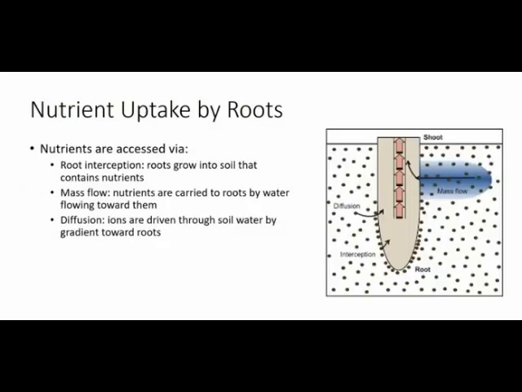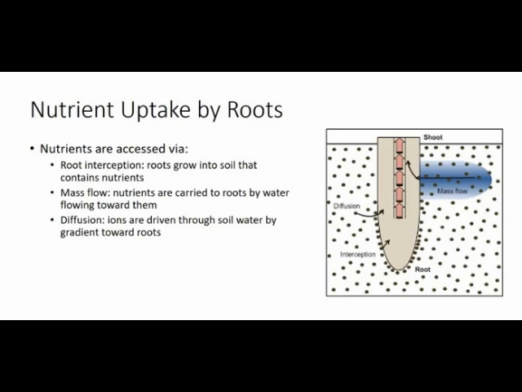Because roots grow into soil that contains nutrients. Mass flow: nutrients are carried to roots by water flowing toward them. Then we have diffusion: ions are driven through soil water by a gradient toward the roots. So that is why nutrients are important, so the roots can take up all the minerals that they need.